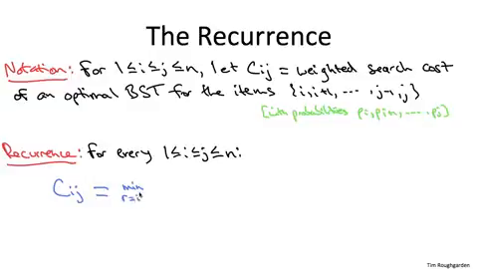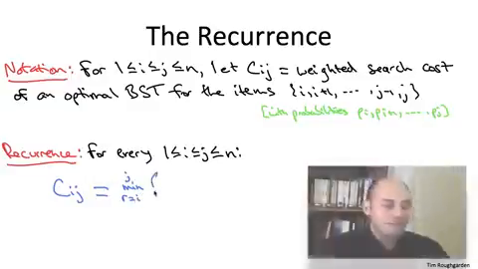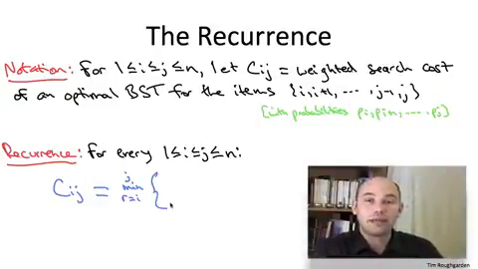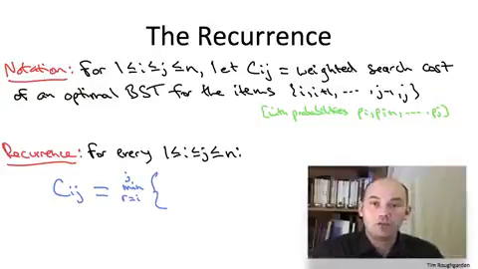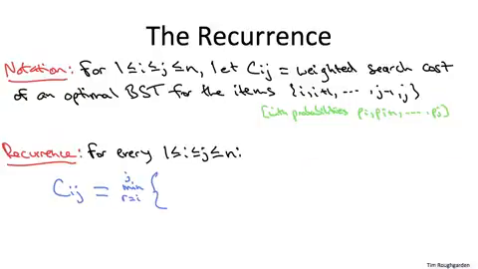So we choose some root r somewhere between i and j inclusive. And given a choice of r, we're going to inherit the weighted search cost of the optimal solution on just the prefix of items i through r minus 1. So in our notation, that would be C of i, r minus 1. Similarly, we pick up the weighted search cost of an optimal solution to the suffix of items, r plus 1 through j.